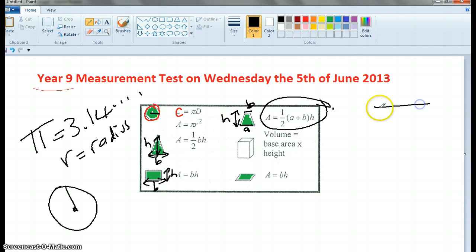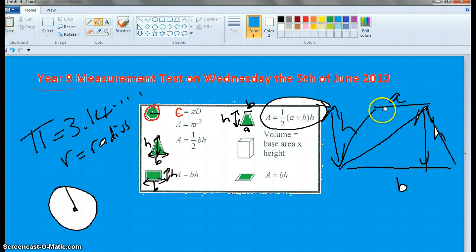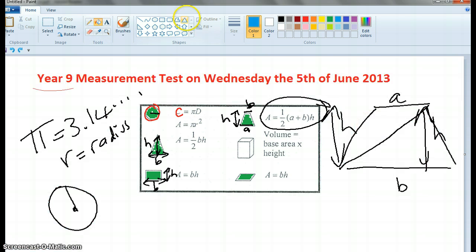So remember that shape, when we talked about it, we said, well, in actual fact, it's two triangles, and they've both got that same height.